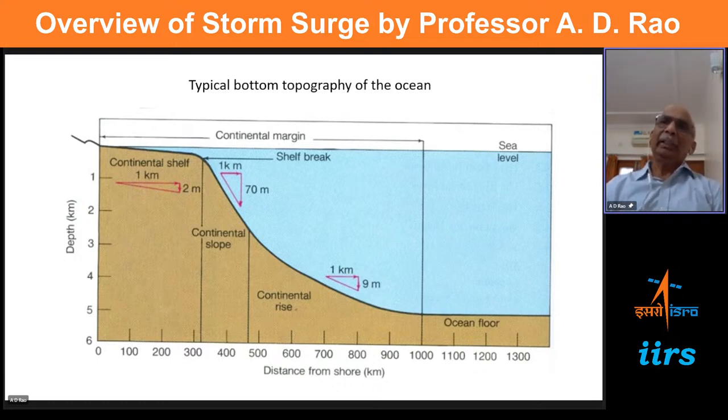Therefore, if a cyclone crosses on a wider shelf, you can expect that the wavelength decreases and the wave height increases. The wave height is nothing but storm surge. Therefore, if you have a very long continental shelf, you expect the amplification of the surge to increase quite a lot. That's very important.